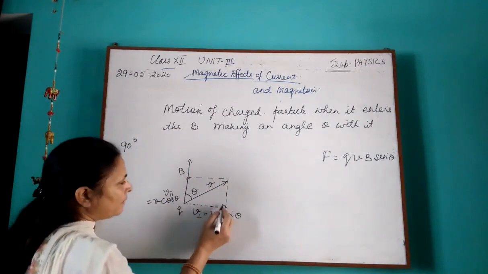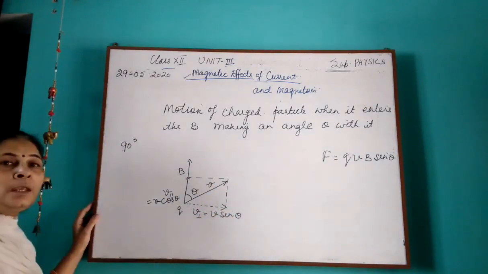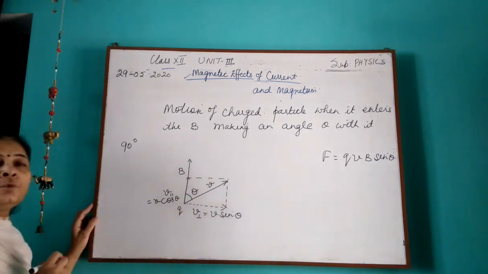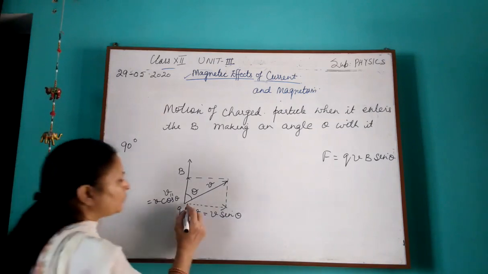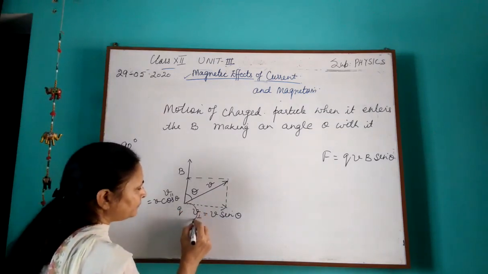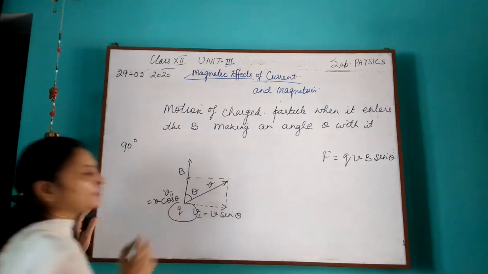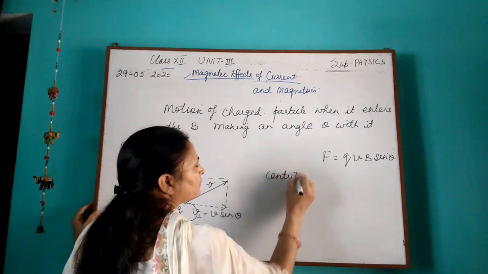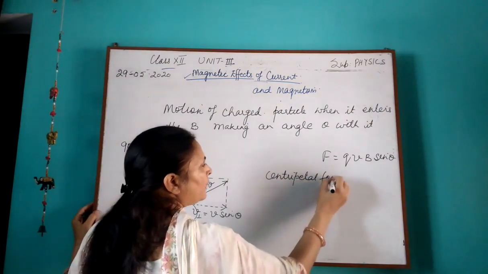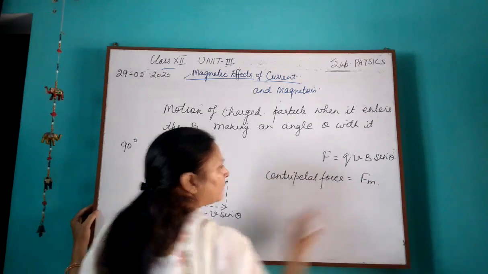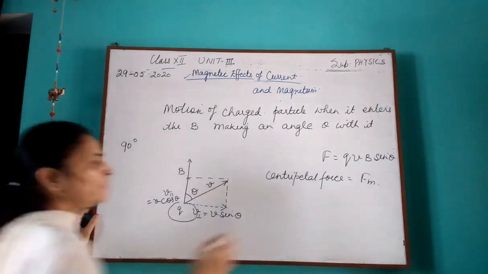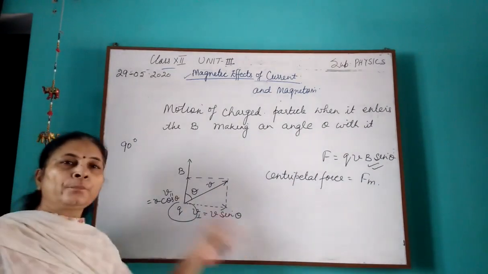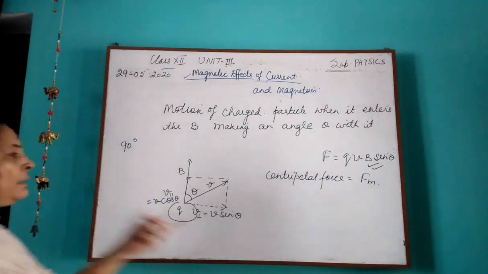Because of the component V sine theta, which is perpendicular to B, the charged particle is going to move in a circular manner, in a definite radius, the necessary centripetal force being provided by the magnetic Lorentz force, which will be equal to QVB sine theta.